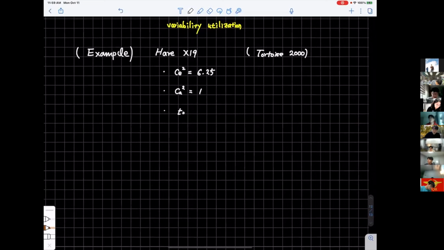And the effective working time is 3, the same as the tortoise. The arrival rate is the same, also the same as A75.